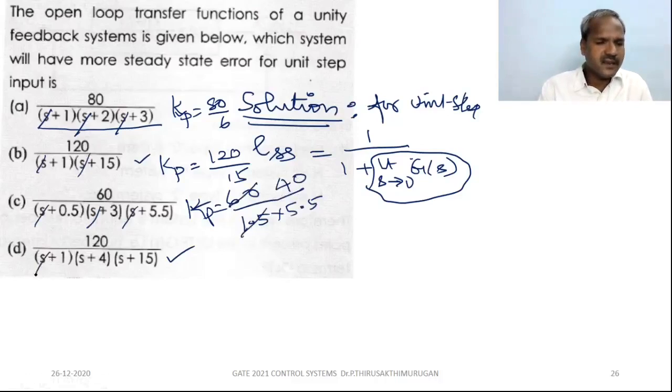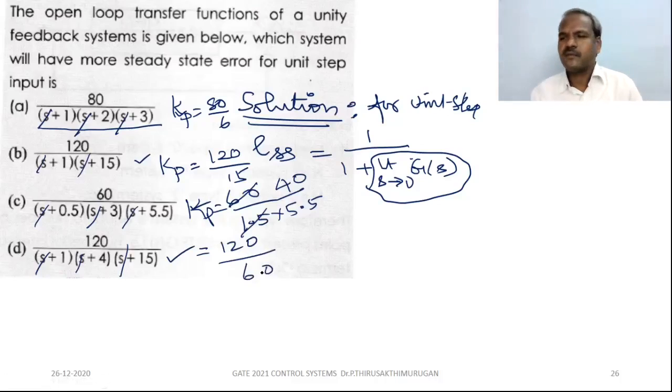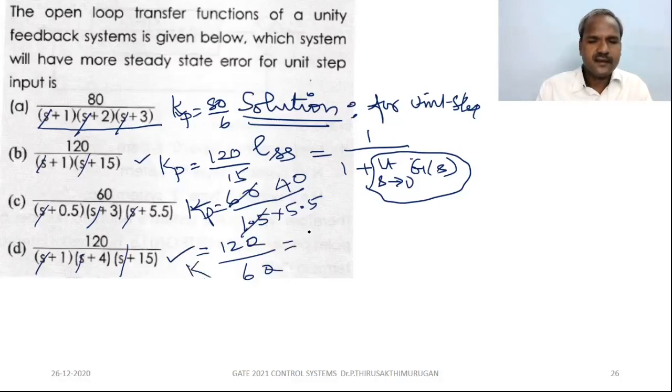Similarly here, S is 0 everywhere, 4 into 15 is 60, so 120 by 60. So which has more steady state error? The Kp value for this case, 12 by 6, is 2.